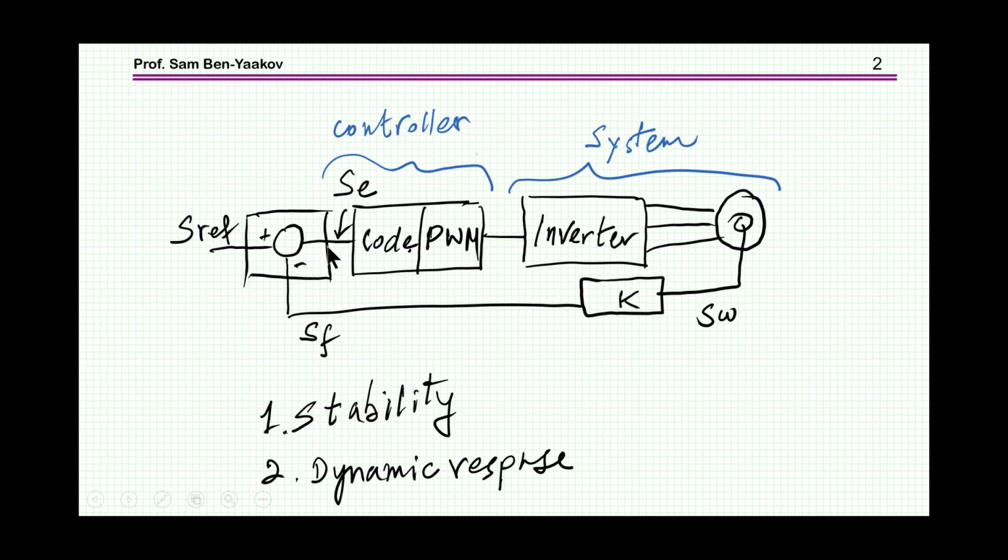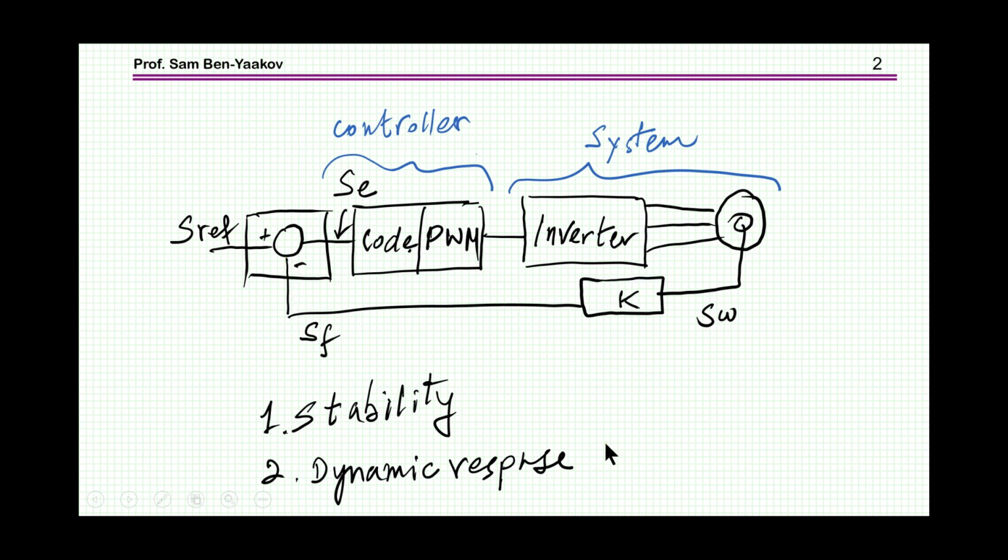Then the difference tells this algorithm, or controller, that an adjustment has to be made if there is a difference, and ideally you like this to get close to zero, so that what you feed in as a command eventually comes out to be the actual speed.